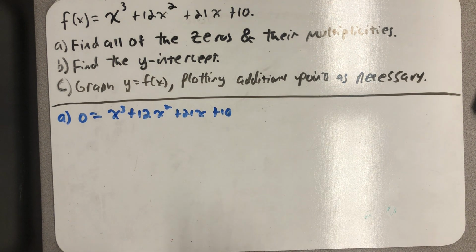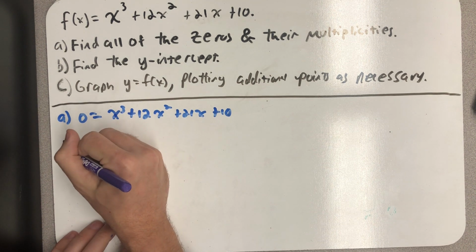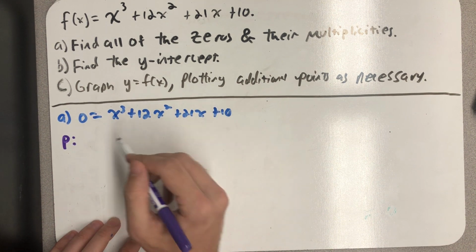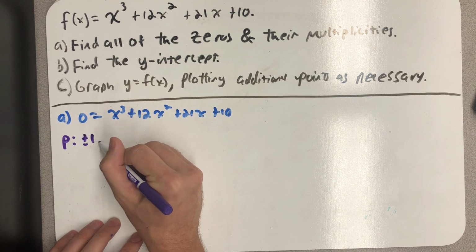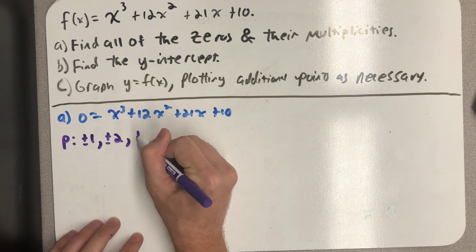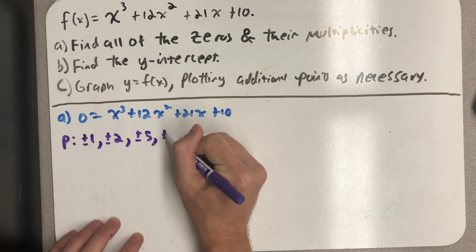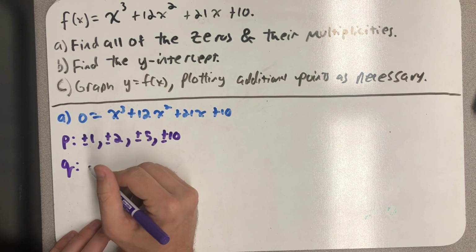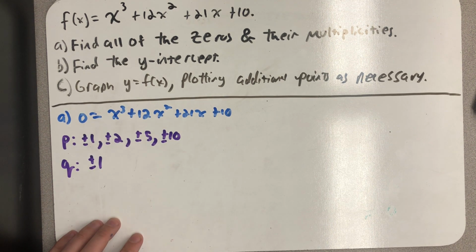So I can think about the rational roots theorem. That's where I write down all of the factors of 10, things that evenly divide 10. And then the q's are all the things that divide 1. That's just plus or minus 1.